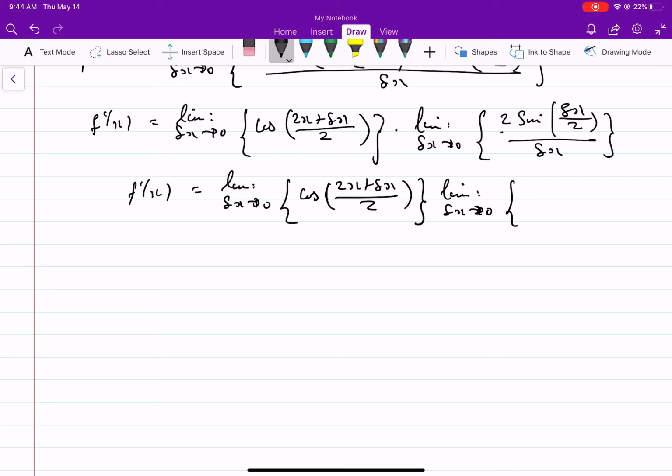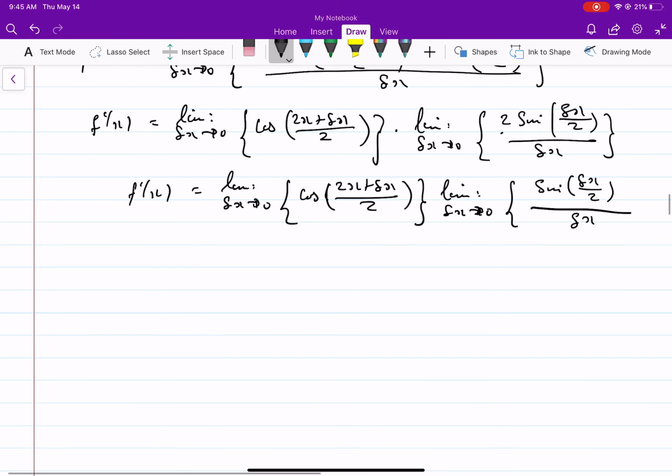So it'll just become sine of delta x upon 2. And if I divide the denominator, which is delta x, by 2, I simply get delta x upon 2. So you like them apples again? Yeah, sure, apples we're dealing with here in this math.